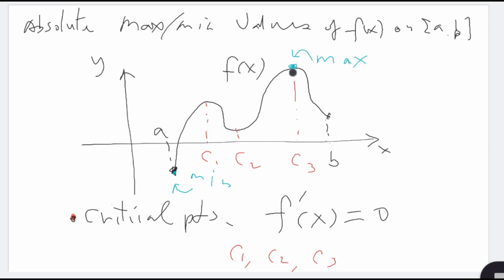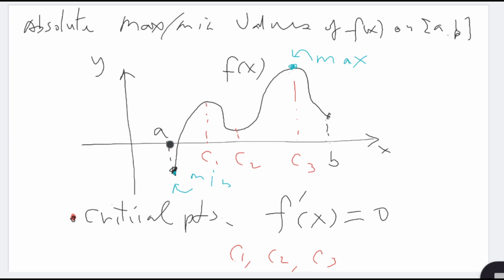The maximum value is attained at the location, let's call this location C3, all right? The y-coordinate of this point. Well, the absolute minimum would be the smallest among all the function values from a to b.